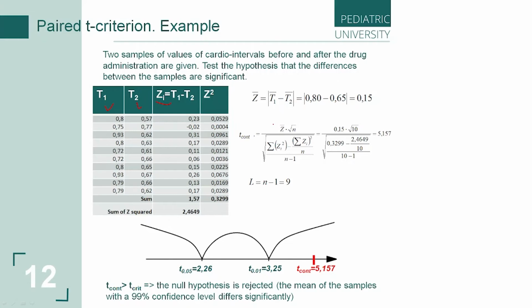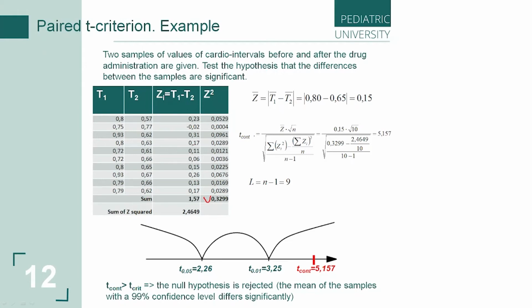Then we square those differences and write these numbers in the fourth, the last column. We must also calculate the sum of all elements of the last column. We should sum the last column and put the sum here. So we substitute this sum in the formula, and we also take the sum of z squares.